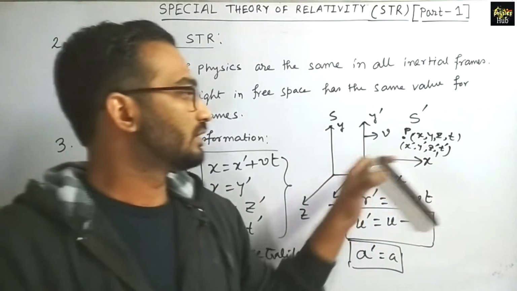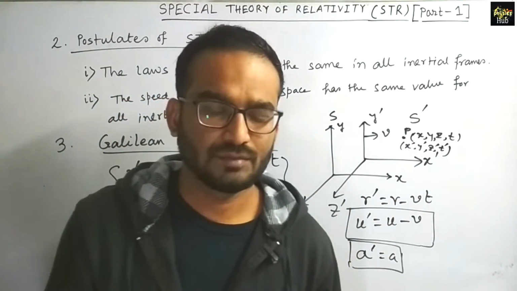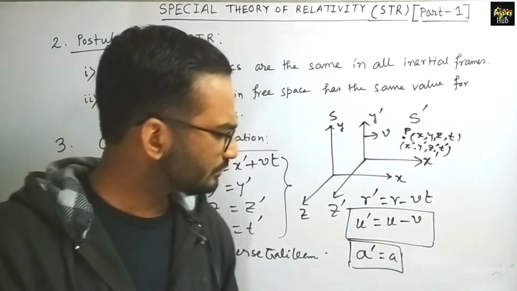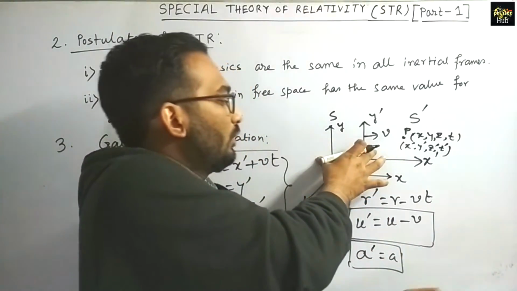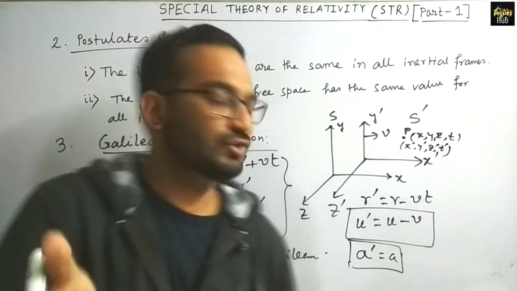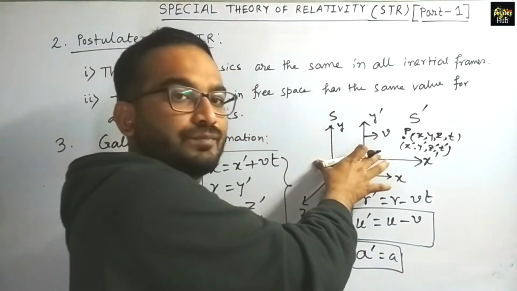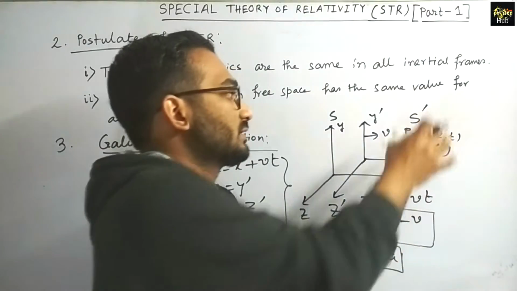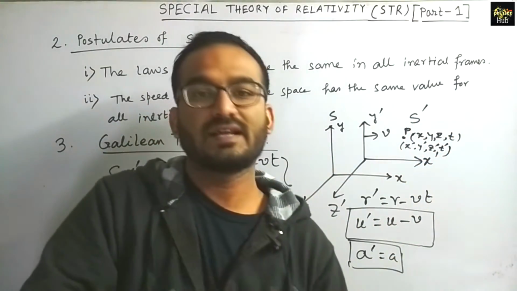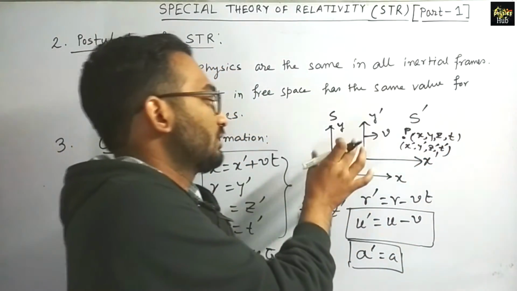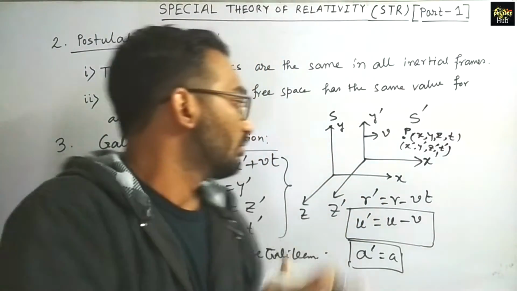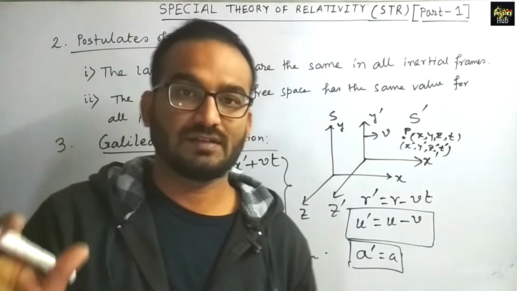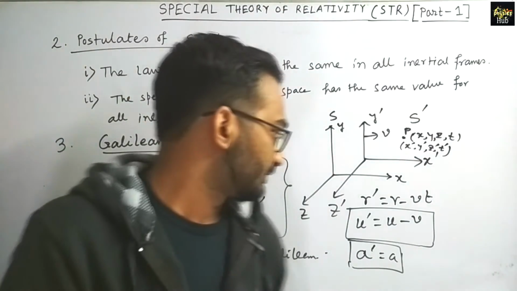So these two frames are inertial frames because acceleration is equal, meaning the prime frame is not accelerating with respect to this frame. So they both are inertial frames with respect to each other.